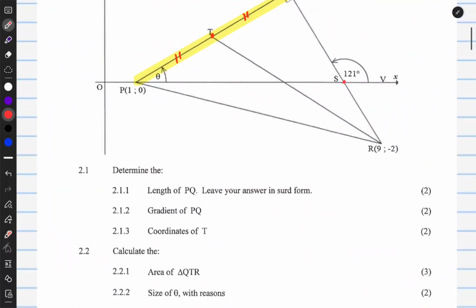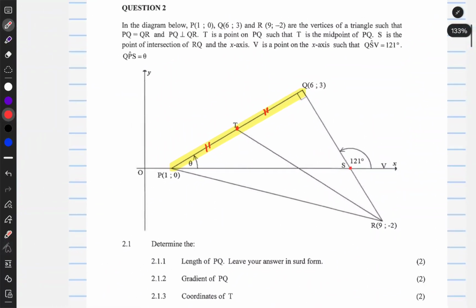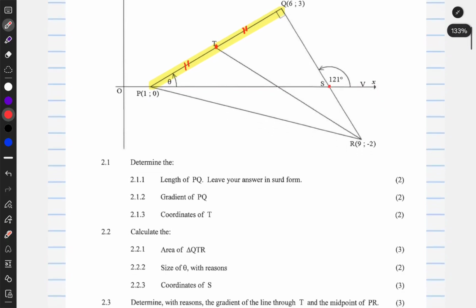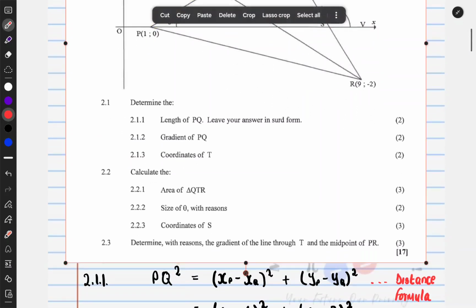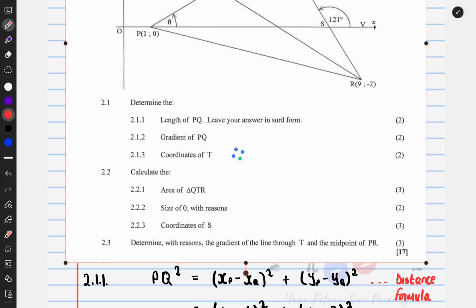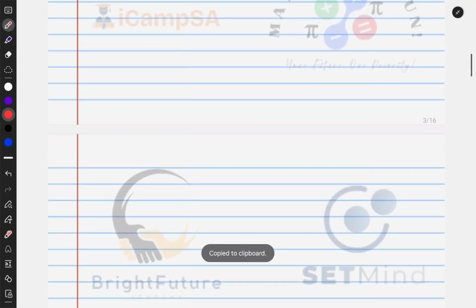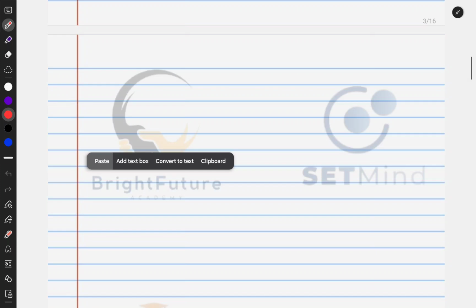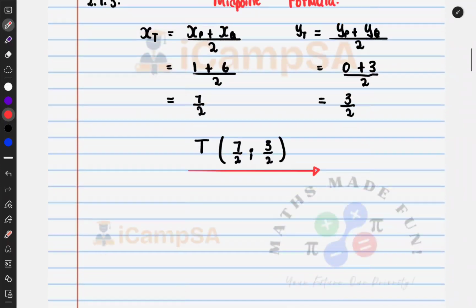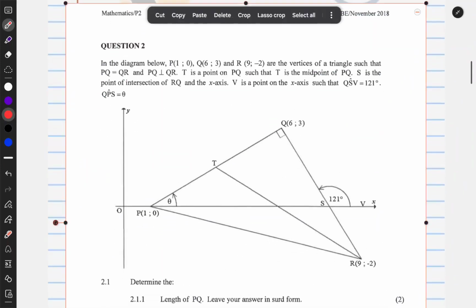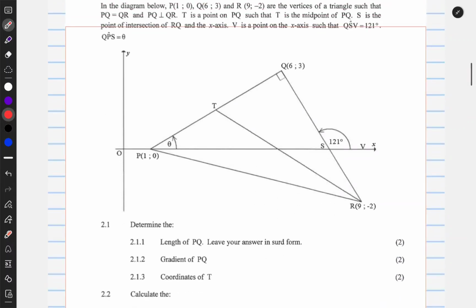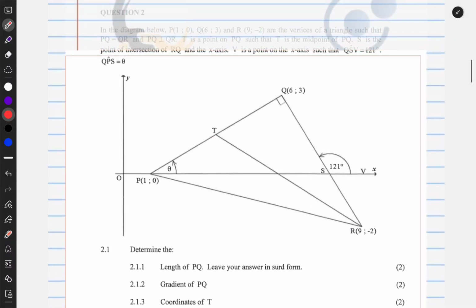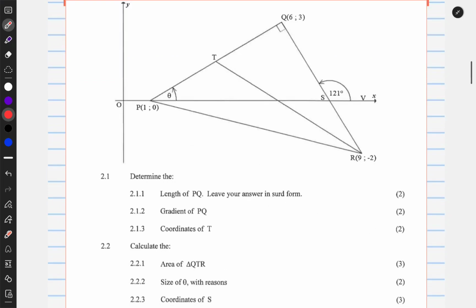Next we are asked to calculate the area of QTR. Let me quickly copy so that we can paste it here. Let's drop this so that we can just focus on what we are looking for.